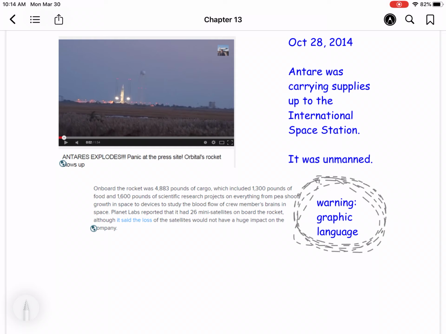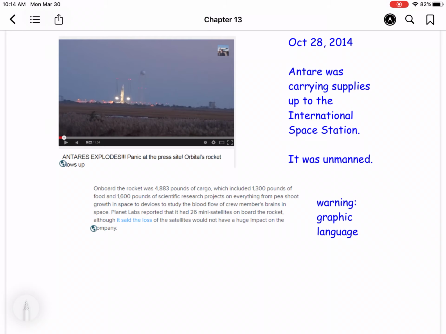I've shown it in some classes before, but it's not an important video to watch if you're concerned about graphic language. And this is just basically a failed space mission. It was unmanned. You're not watching anyone die. Don't worry about that. It was just carrying supplies up to the International Space Station, and it went kablooey.